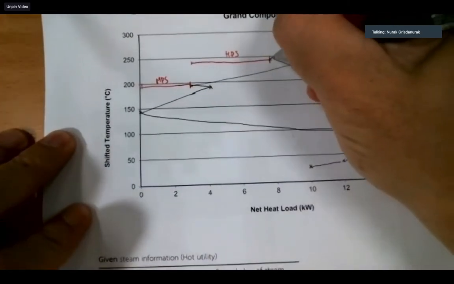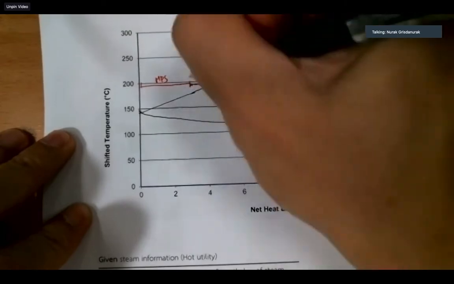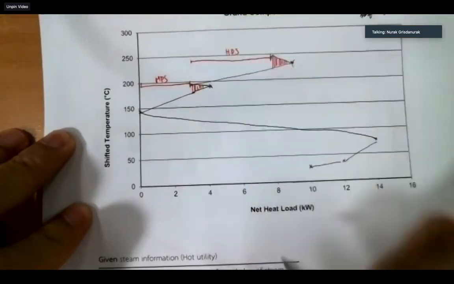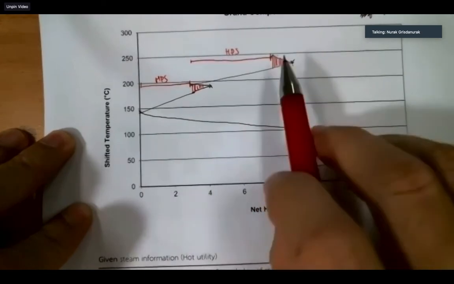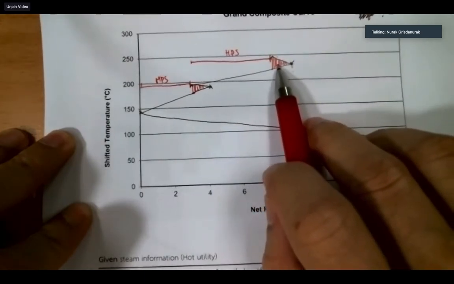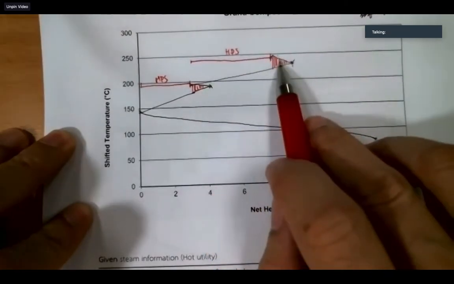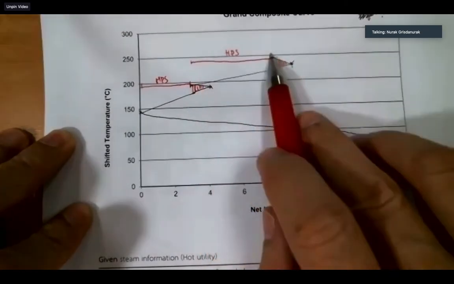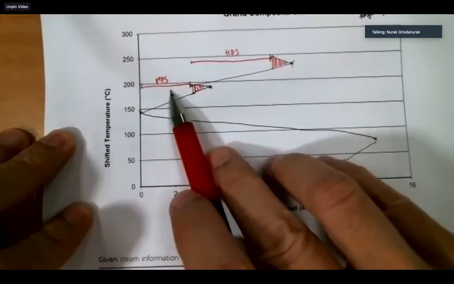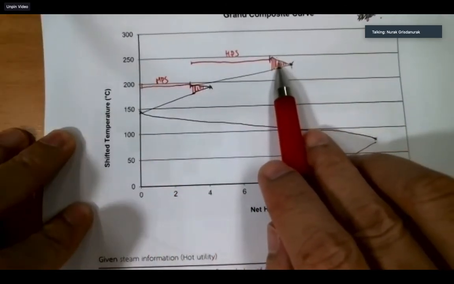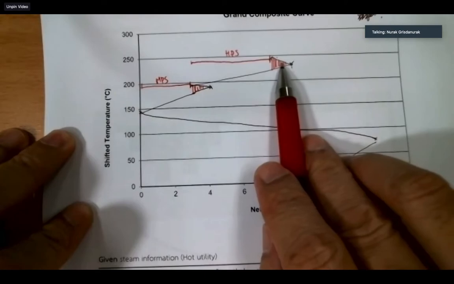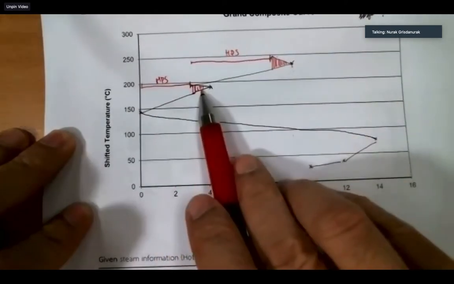How about the one in the loop? This is the one that already exchanged inside the process. คือช่วงที่ระบบสามารถจัดการตัวเองได้.